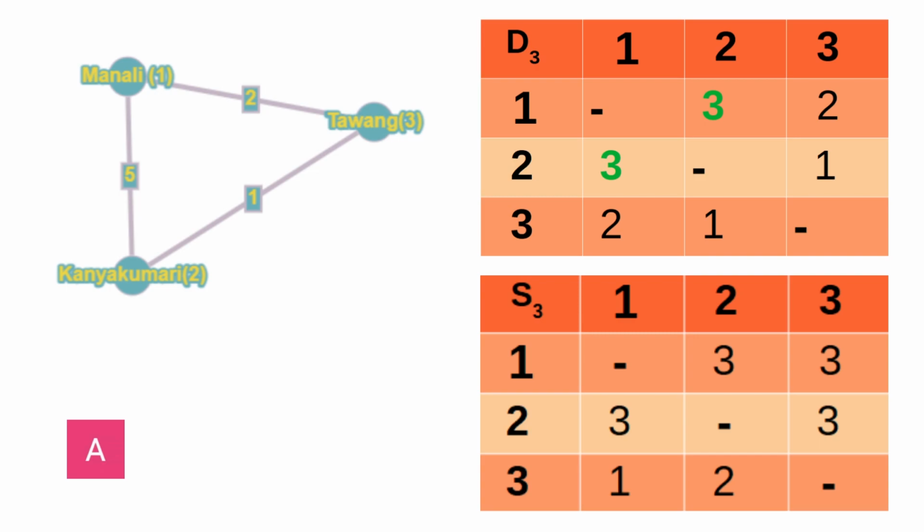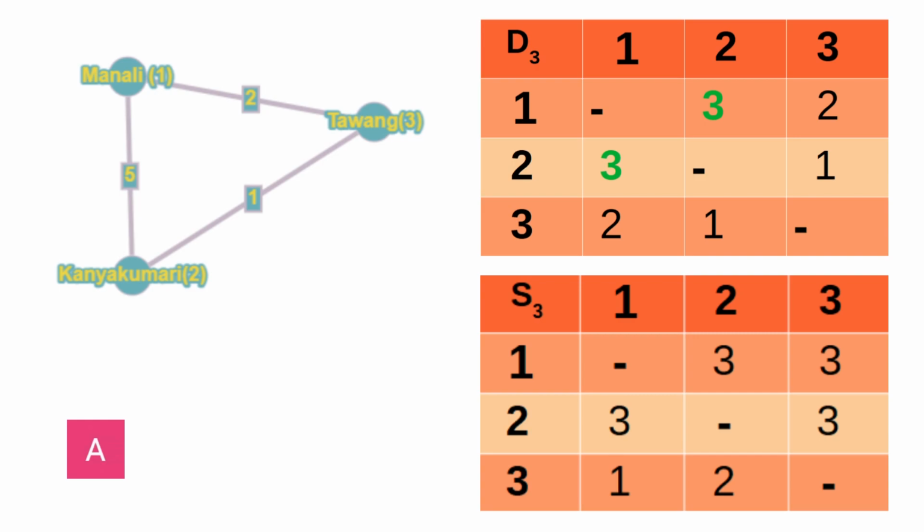Now, what does this corresponding S3 matrix indicate? See, the S3 value from 1 to 3 is 3. That is, if the S3 value from ith place to jth place is equal to j itself, then the i to j route is the shortest route. But if it's not so, we'll have to find the in between routes.